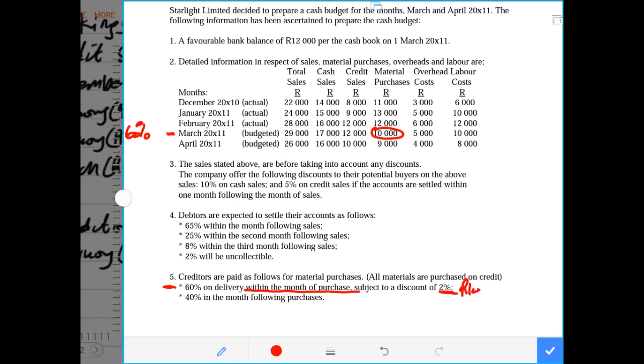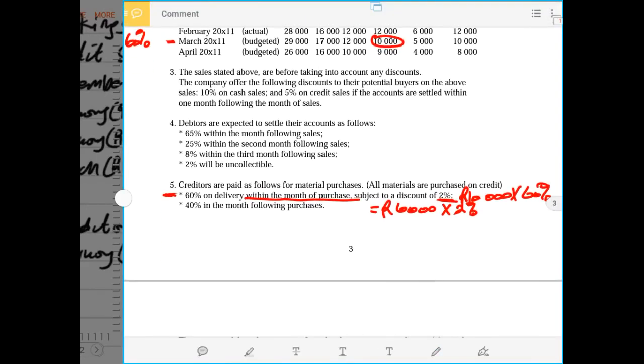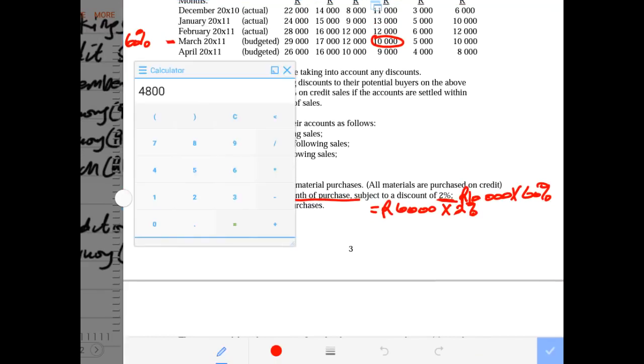Then we just say 10,000 times that by 60%. And if we times that by 60%, it will give us 6,000. Then after we say times that by 2% to get to the amount of the discount. Then we say 6,000 times by 2%.